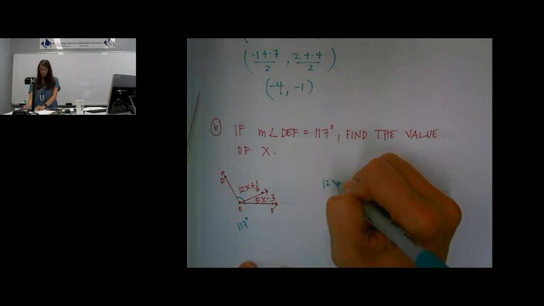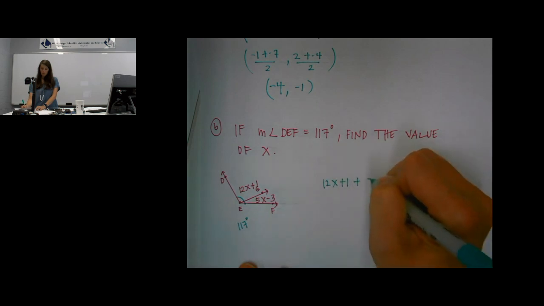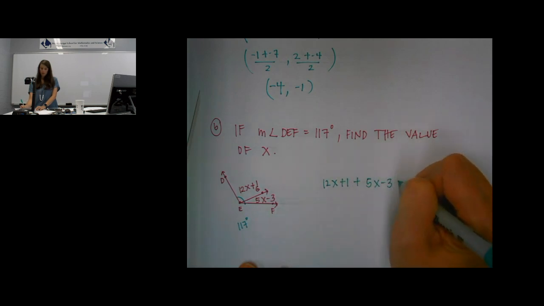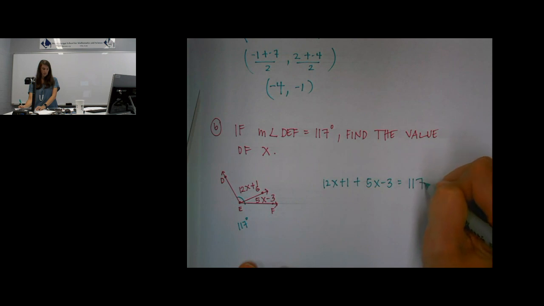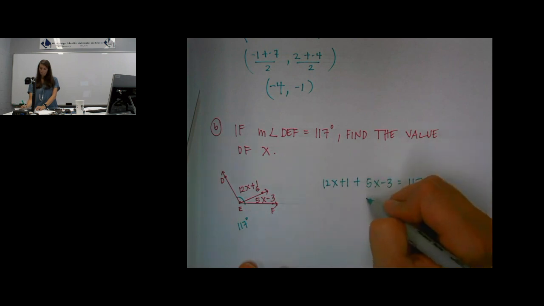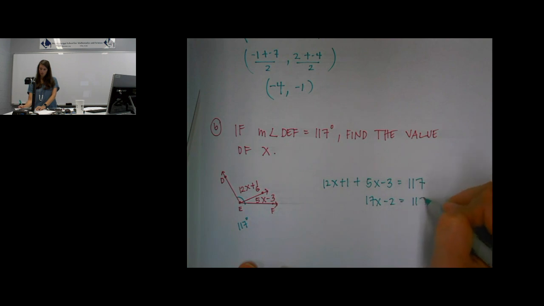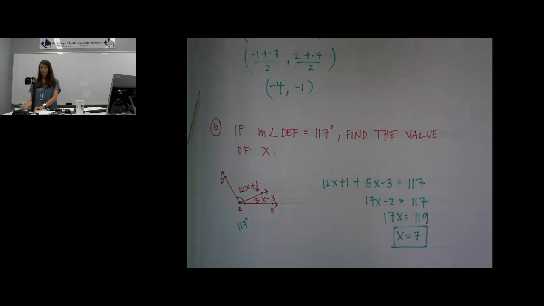So that means 12x plus 1 plus 5x minus 3 is going to be equal to 117. So that's 17x minus 2 is equal to 117. Okay, so add your 2, so this is going to be 17x equals 119. So x is going to be equal to 7.